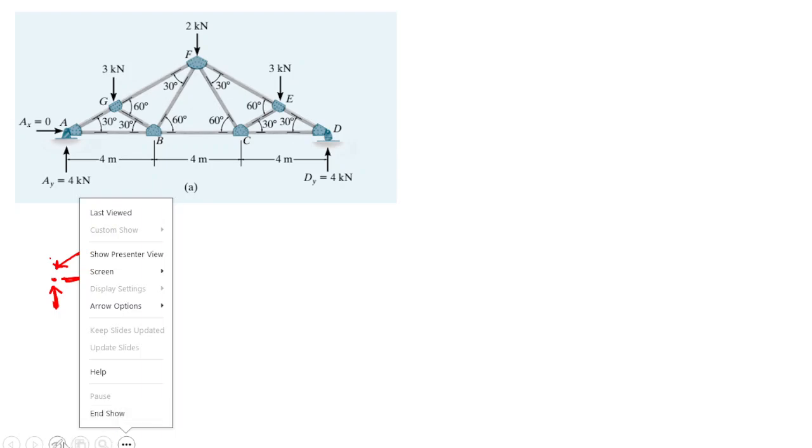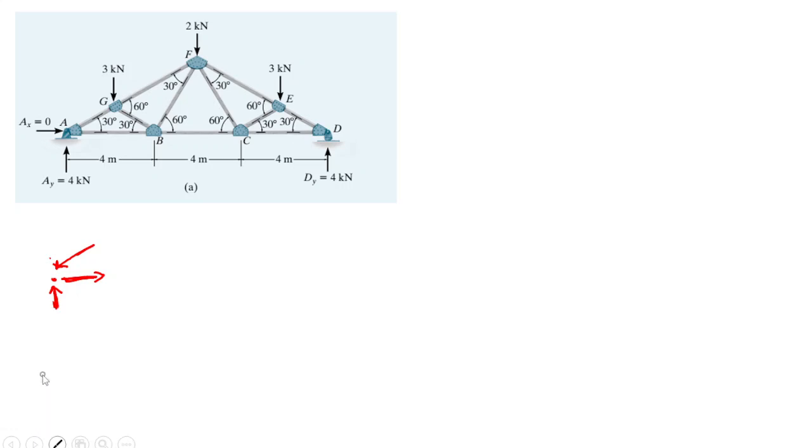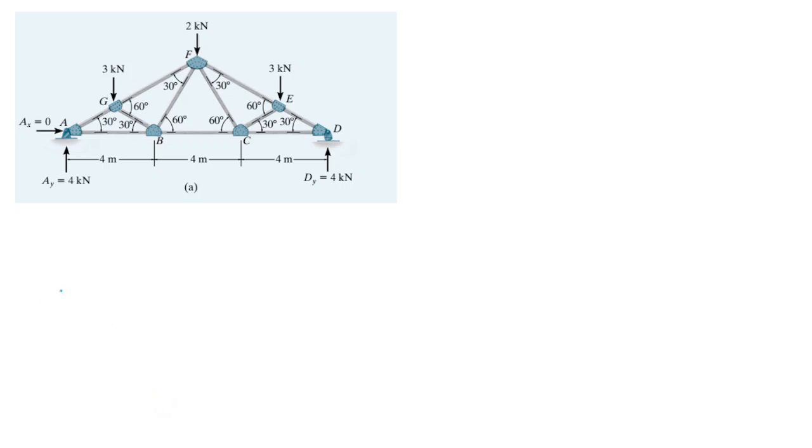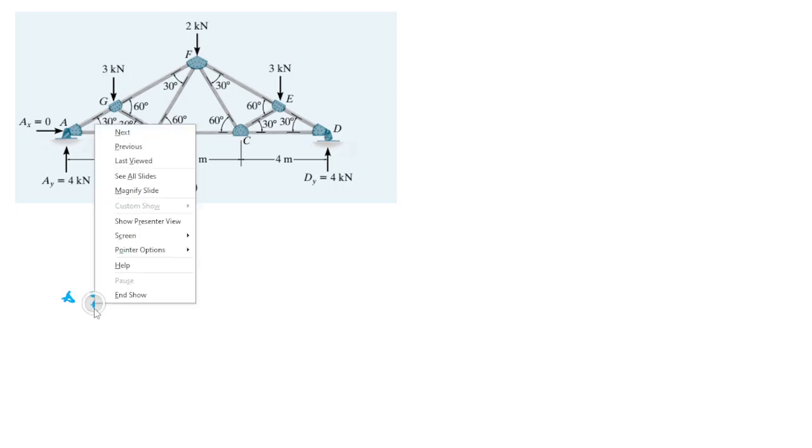You just have to reverse the direction. It doesn't have to affect your answer. If what you get is negative, it means the one you picked as compression, going into the joint, will have to come out. You have to change the direction to be going out of the joint.